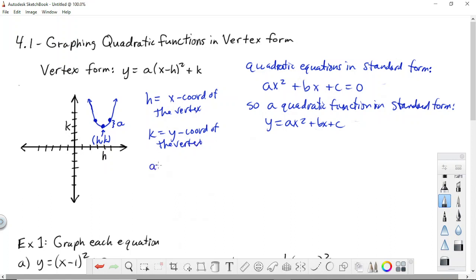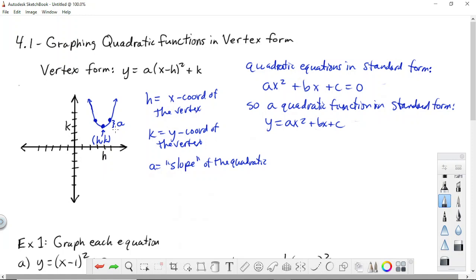And a, we call that, this is not a precise term, it's not really the slope, but we call it the slope of the quadratic. So it tells us something about the shape of that quadratic. And specifically, I have it labeled here. a will be how far up you go every time you go out 1 unit from that vertex.